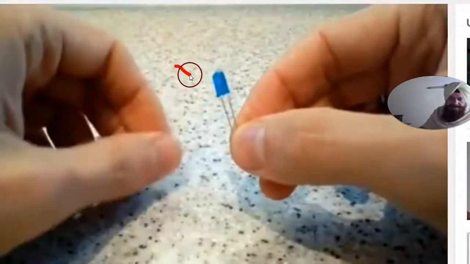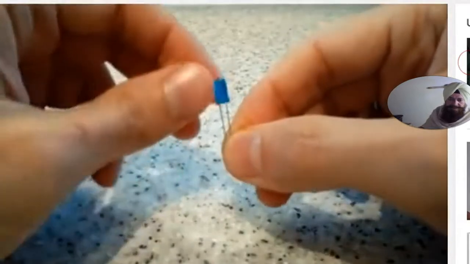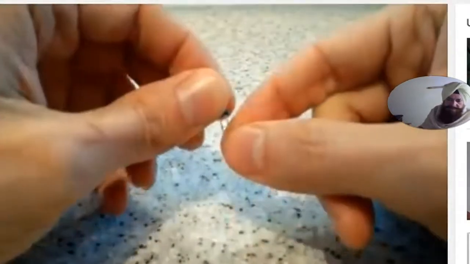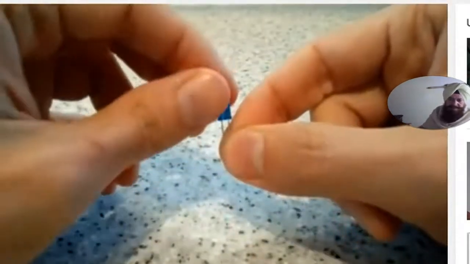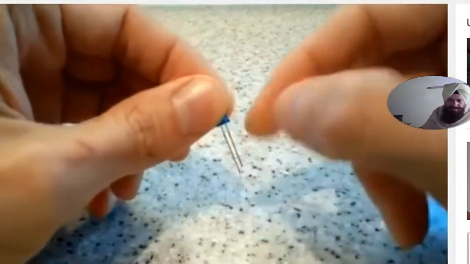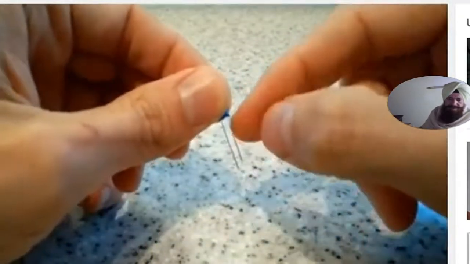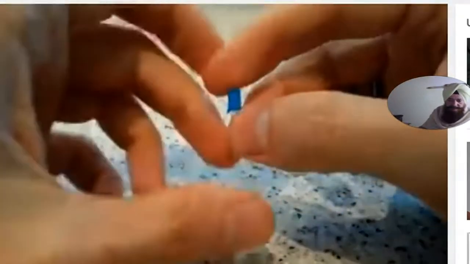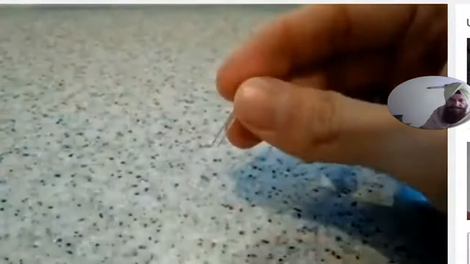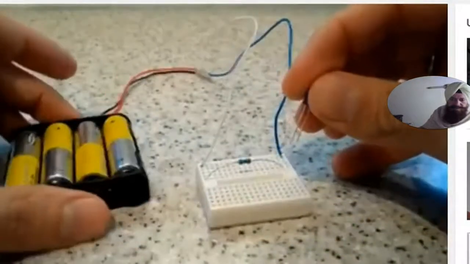Now you're looking at a diode with two terminals. One is shorter than the other to distinguish which one is the anode and which one is the cathode.